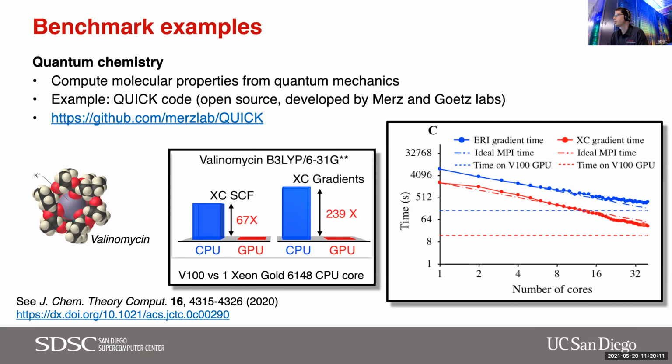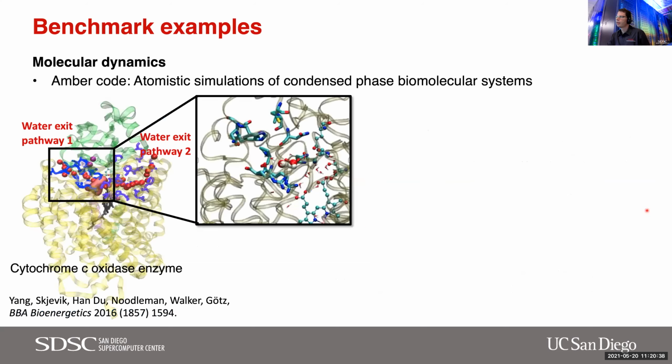This was a benchmark run on up to 40 CPU cores with an MPI parallel implementation. These are two pieces of the calculation that are computationally expensive. The important part is the dashed line. That's the time to solution on the GPU, and it's faster than running on a full compute node. So a single GPU is faster than a single compute node.